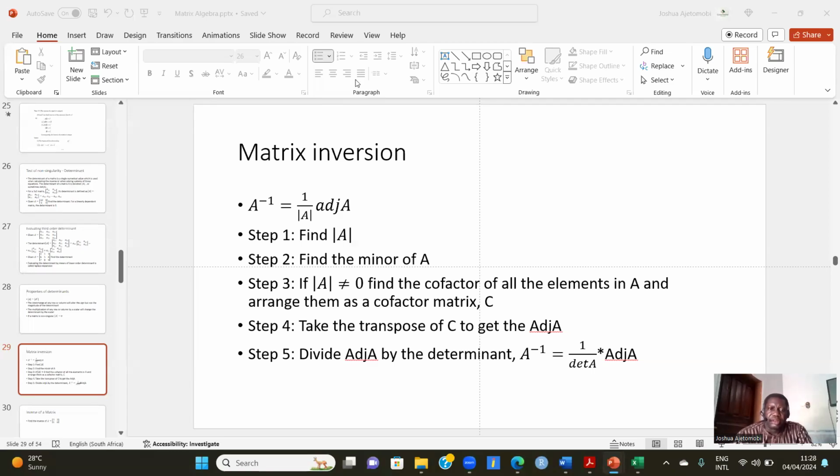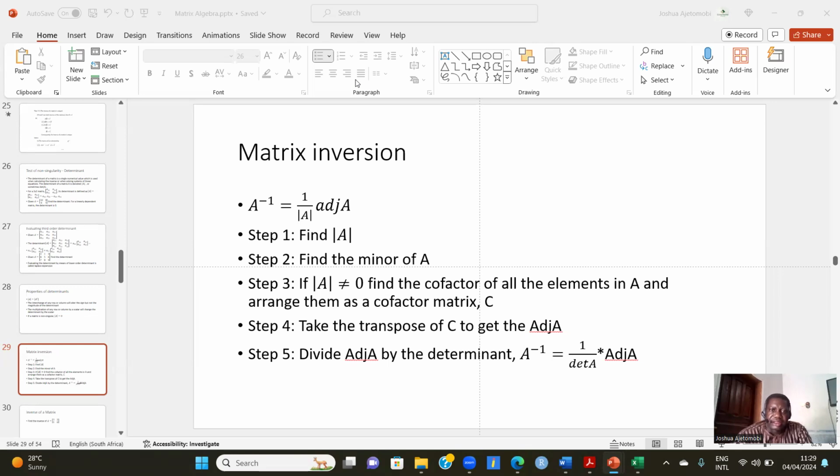Hello, ladies and gentlemen. It's my pleasure to welcome us to continuation of what we've started on Introduction to Matrix Algebra. Thus far, we have looked at definition of a matrix, various types of matrices, matrix operations, addition, subtraction, multiplication, and we have looked at the properties of matrix operation.